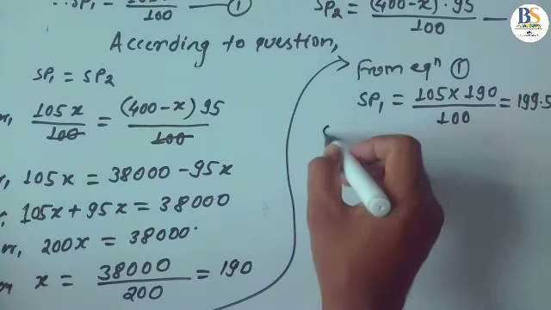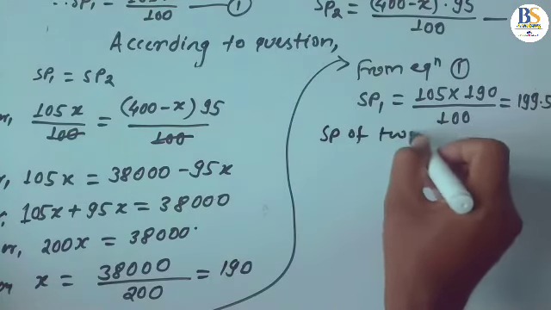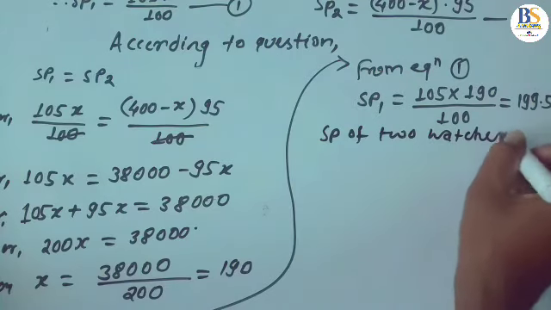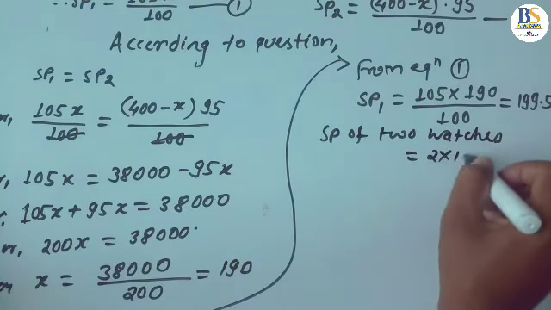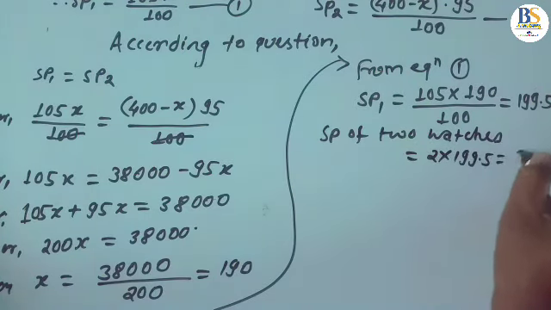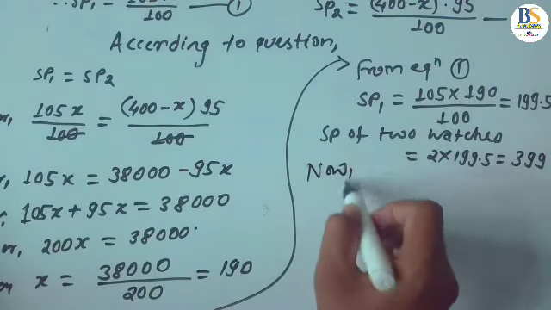That means SP of two watches equals 2 times 199.5, which is 399. This is the SP of two watches and 400 is the CP of two watches. CP is bigger than SP.